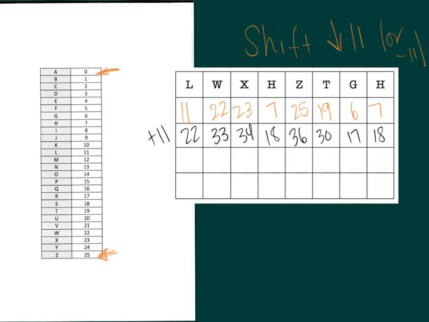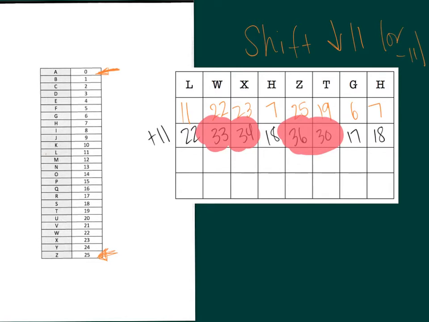So you'll notice that some of these are values that are bigger than 25, namely this one, and these two here. So these are values that are not going to show up on our chart because they are bigger than 25.